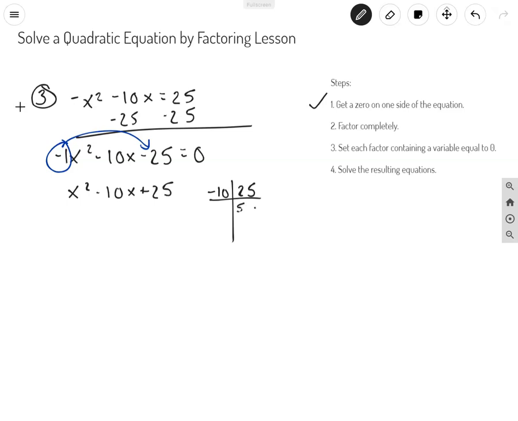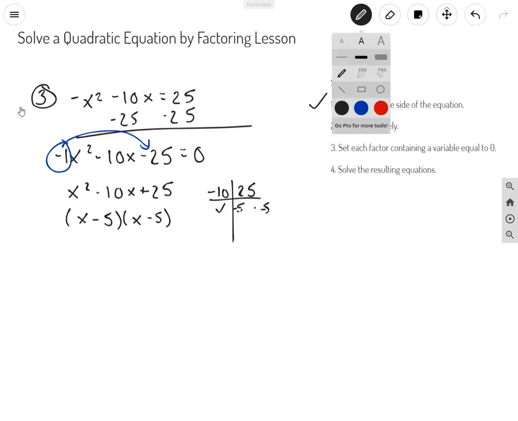Off the bat, 5 times 5 gives me 25, and they both have to be negatives for it to add to be a negative 10. So I'm going to write x minus 5, x minus 5. Now, since we did the slip and slide, I have to do the slide part.